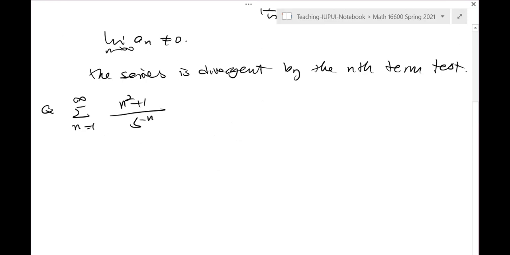I think this is going to be convergent, because the numerator is a polynomial and the denominator is an exponential function, so in the ratio the numerator can be ignored.